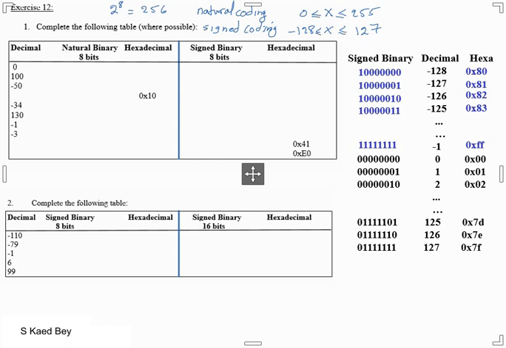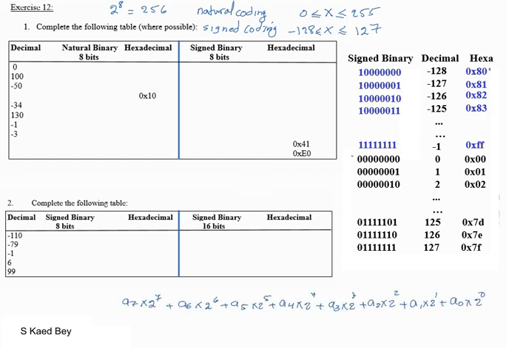Remember, conversion between binary, decimal, and hexadecimal were explained in more detail in exercises 1 and 2. Given a binary number with 8 bits, we can write the decimal number as equal to the sum of binary digits multiplied by their powers of 2.